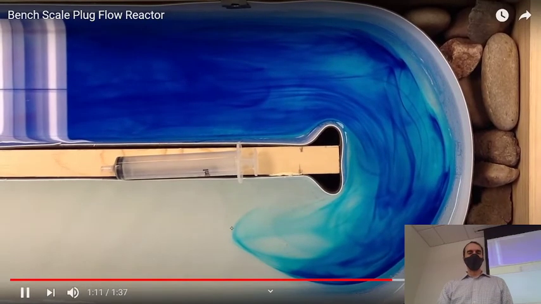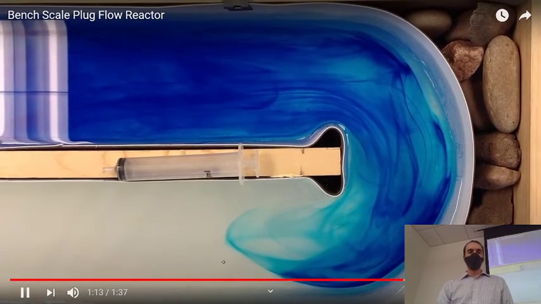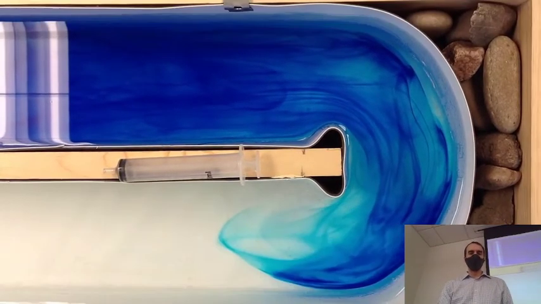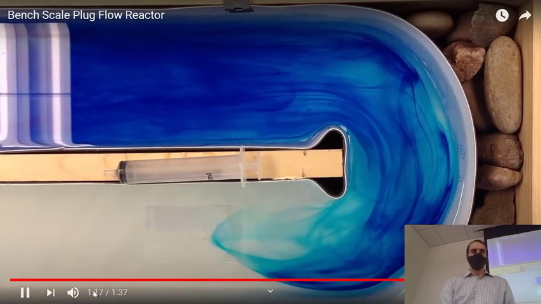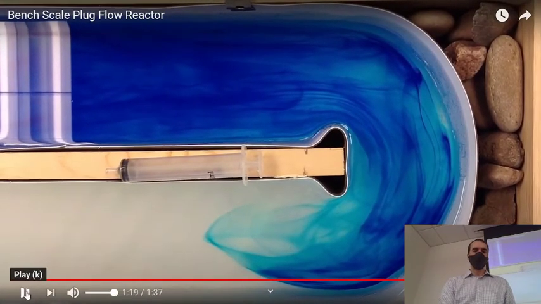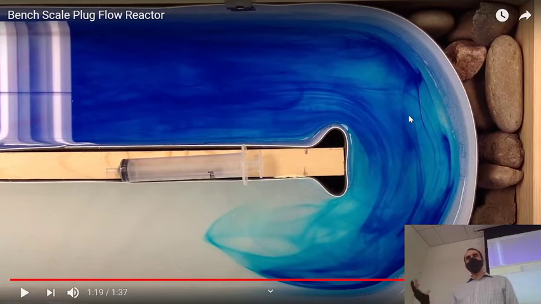So right here we can see this should have the same concentration all the way through right there, but it doesn't. So this is kind of an example of a plug flow reactor, but also looking at the non-ideal cases. For the most part, we'll be dealing with ideal.